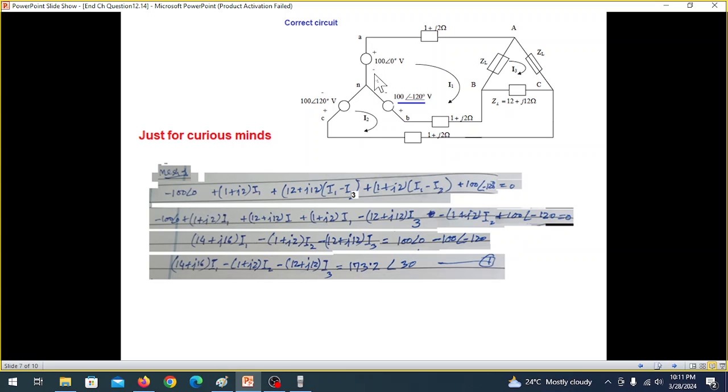So minus 100, then 1 plus j2 I1, then 12 j12 and I1 minus I3, and then we come here, 1 plus j2, and we are here I1 minus I2, and then this voltage source plus 100 and minus 120, and rearranging or solving, we get this equation in terms of I1, I2, and I3, and the constant.